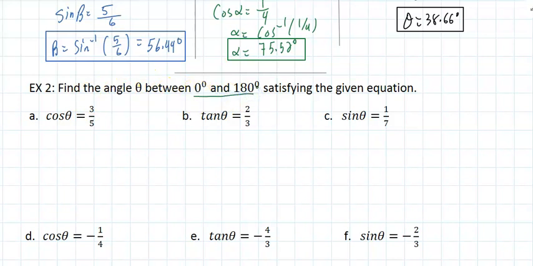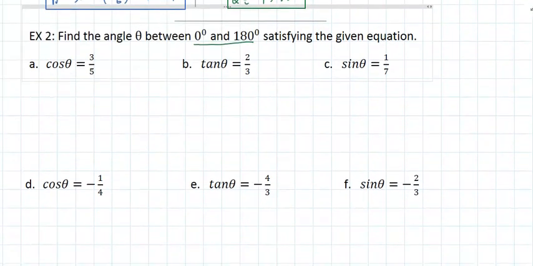The reason we go for 0 and 180 in this chapter is that we're going to go for triangles, and we know an angle cannot be bigger than 180. And here we're going to discover something odd. If I look for the cosine of theta equals 3/5, well, I know what theta equals. The inverse cosine of 3/5.